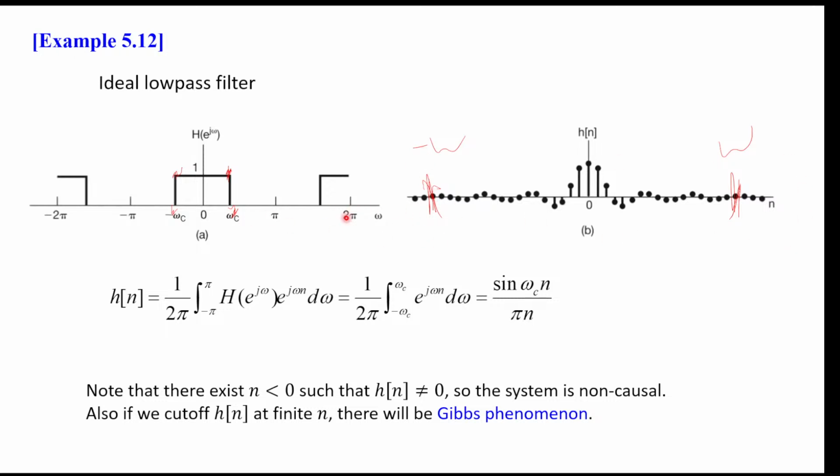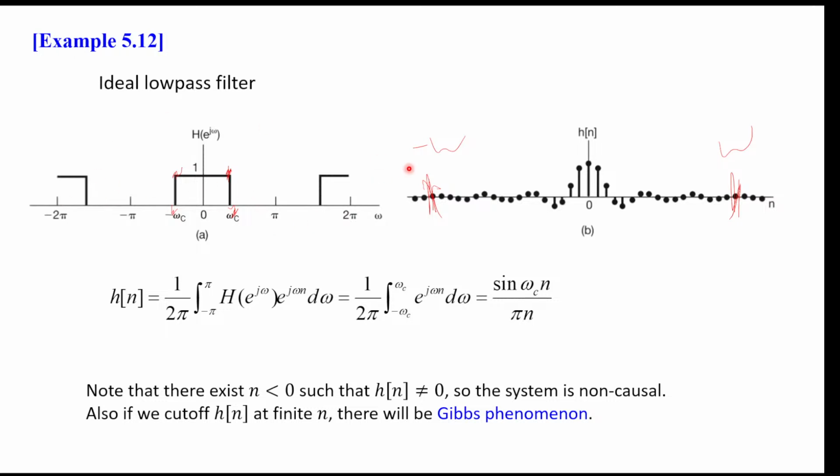So if you cut off this n at some value, from minus big W to big W, so at some finite n, then we'll get Gibbs phenomena in your filter.